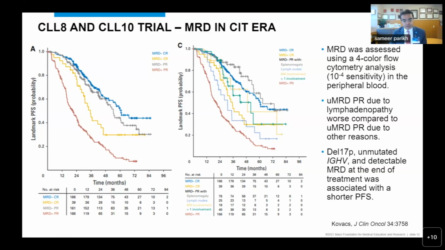So again, this is important in the context of chemoimmunotherapy that may still be used in some patients, where I think MRD negativity really allows us to predict how a patient is going to do once the treatment is completed.